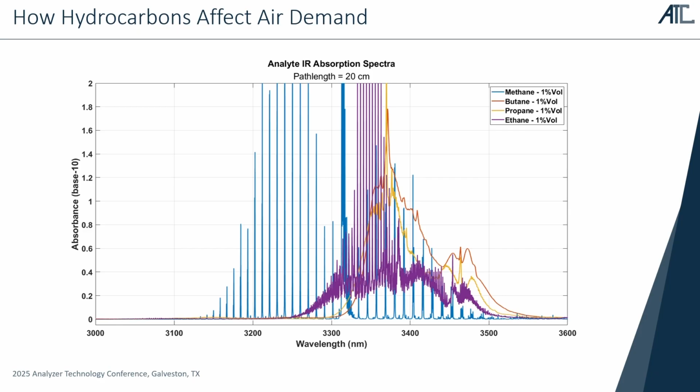By looking at the range from about 3,100 nanometers to 3,500 nanometers, we're looking at the carbon-hydrogen bond that's typical in all smaller hydrocarbons. And from that, we can infer roughly a total hydrocarbon output as either methane, ethane, propane, whatever is appropriate for the specific plant that we're dealing with.